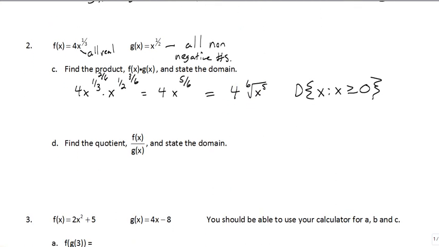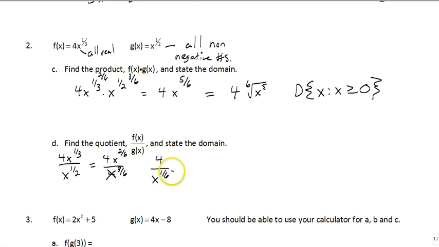Okay, but let's look at what happens when we do the other thing. Find the quotient. So I'm going to write 4x to the 1/3 over x to the 1/2. I'm going to turn these into something I'm used to seeing: 4x to the 2/6 over x to the 3/6. Well, guess what happens? We get 4 over x to the 1/6.